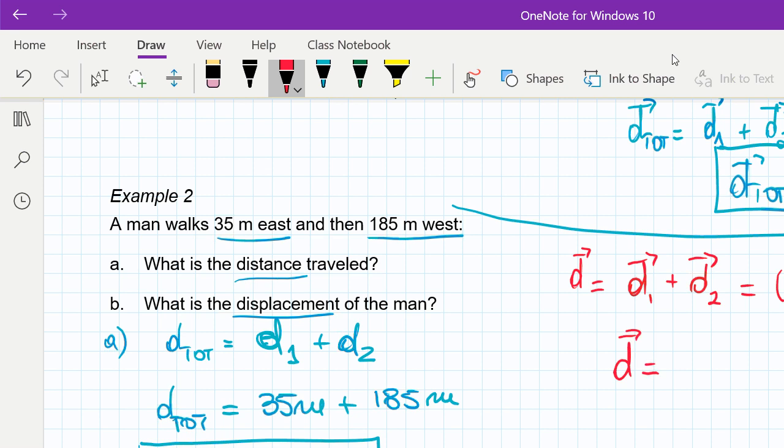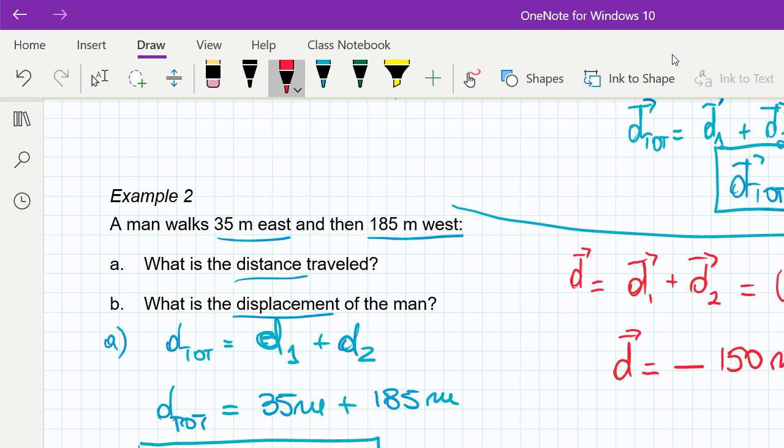So this will be in your calculator, well, you will have something like negative 150 meters. You can leave it like this, or you can say 150 meters going west, because negative represents west.